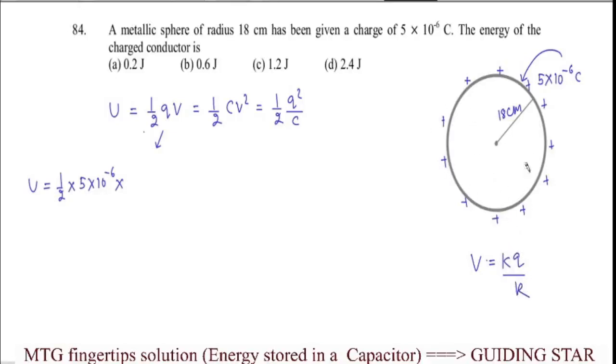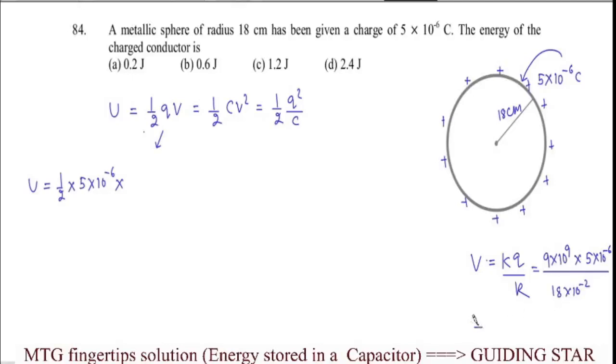As this is a conducting type of sphere, a metallic sphere, the potential will behave as an equipotential surface. That means potential inside or on the surface will remain constant. So that value will be 9 into 10 to the power 9 into Q, which is 5 into 10 to the power minus 6, divided by radius, which is 18 into 10 to the power minus 2 meter.